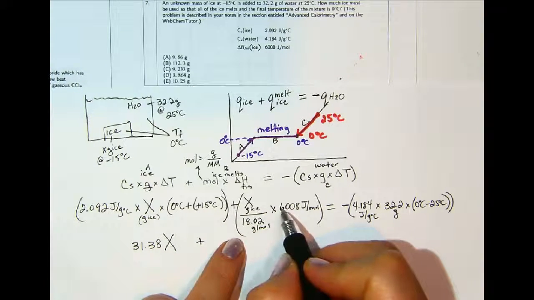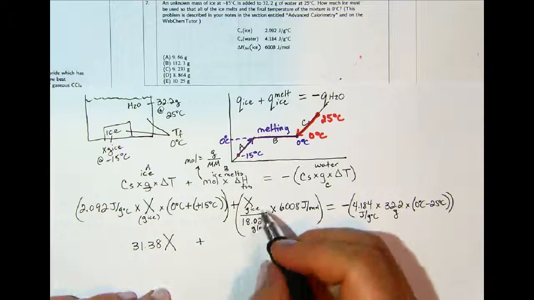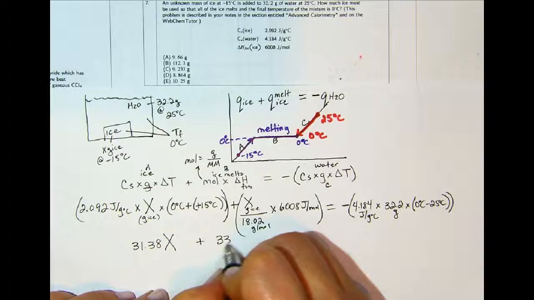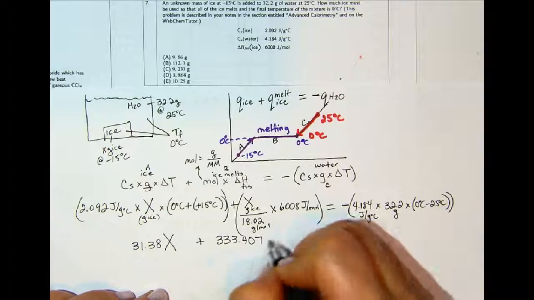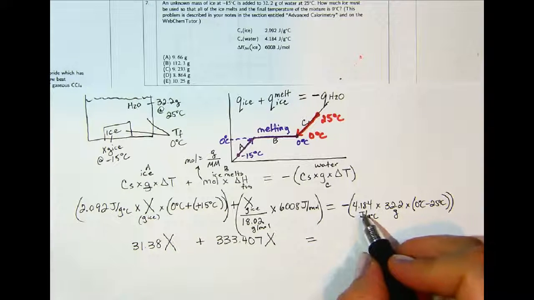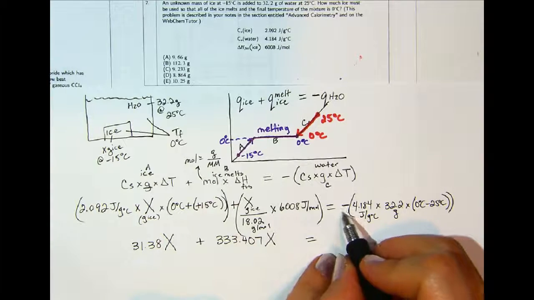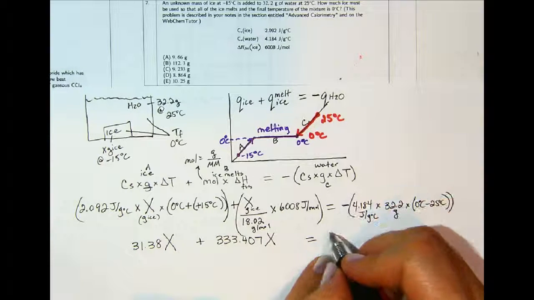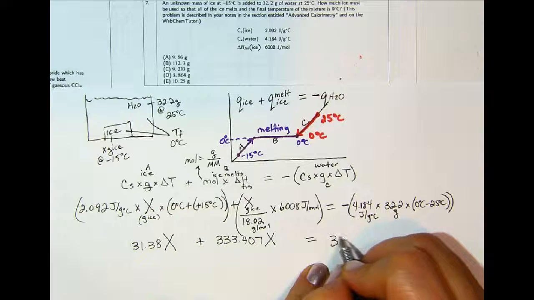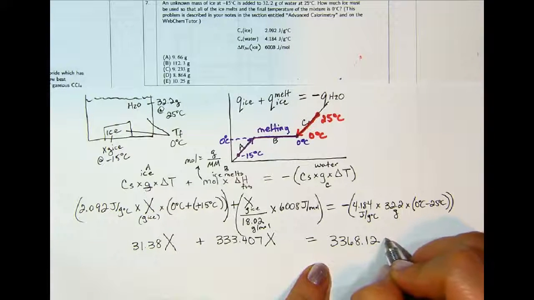Plus, I'm going to take 6,008 divided by 18.02, and that's going to give us 333.407x equals, multiply 4.184 times 32.2 times negative 25, and there's this negative, is going to give me 3,368.12.